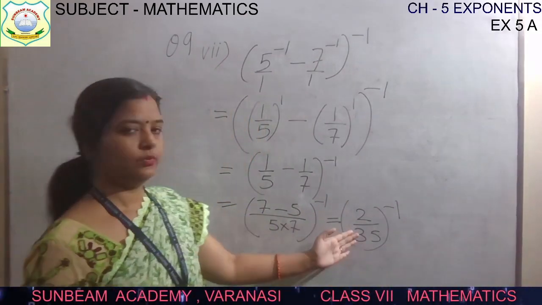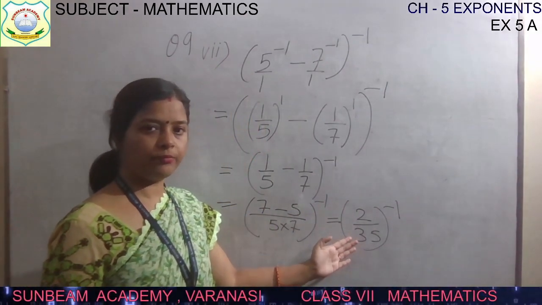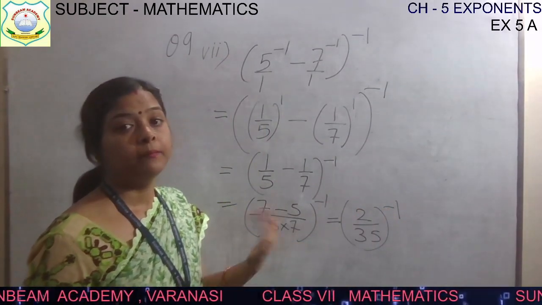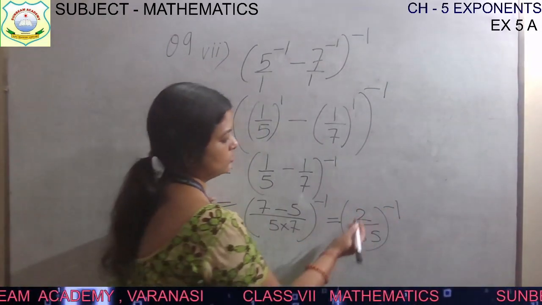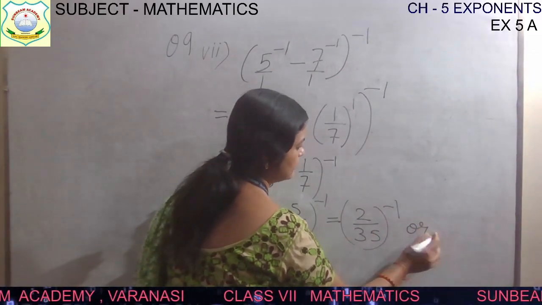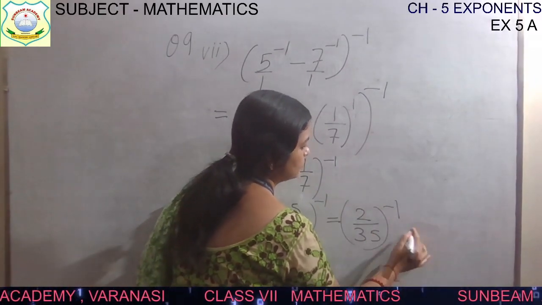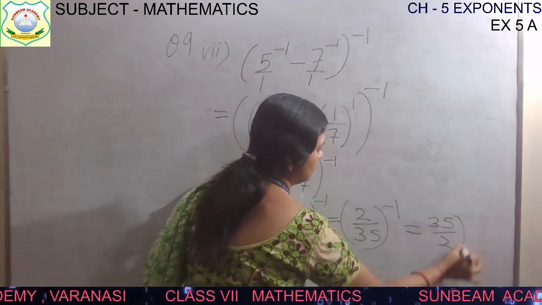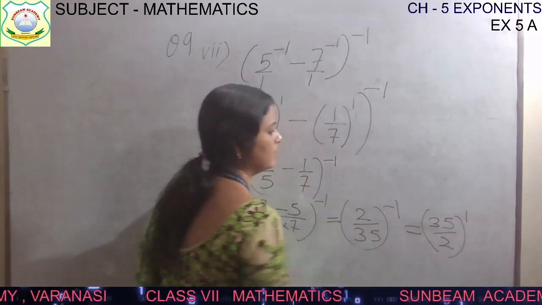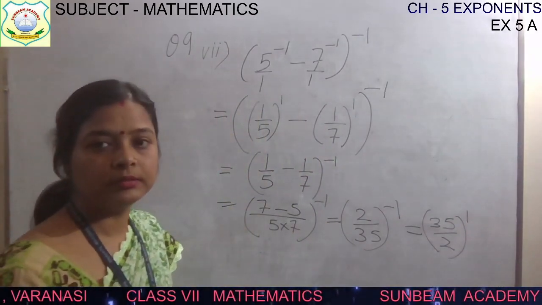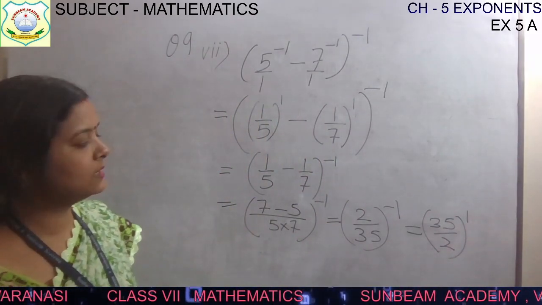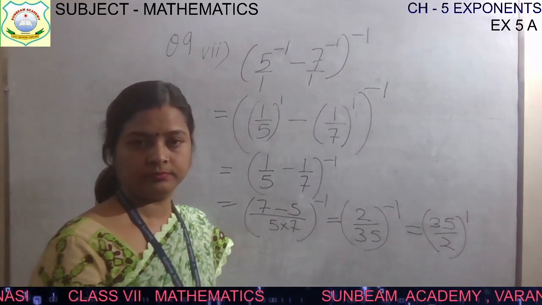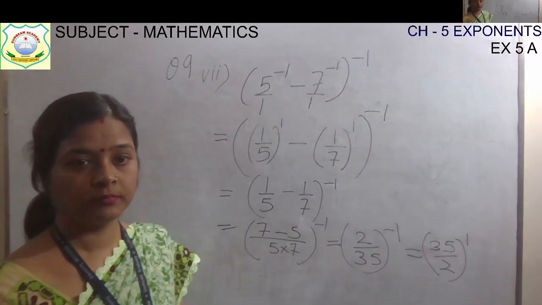Now it is a rational number. We can make the negative exponent positive by taking its reciprocal. So 2 by 35 becomes 35 by 2 to the power 1. This is the final answer. And if the power is 1, the same value comes. 35 by 2 is the answer.